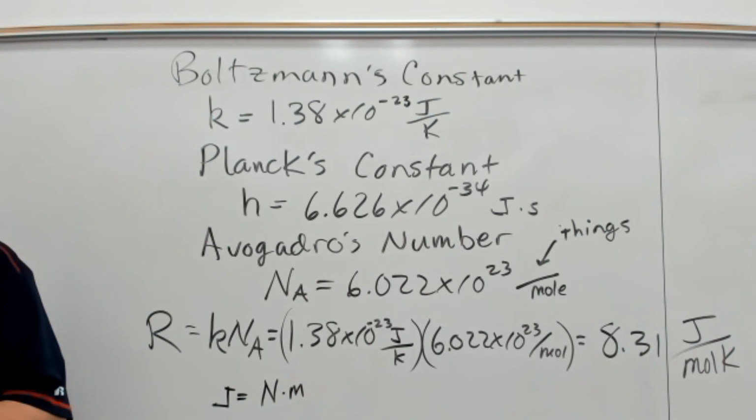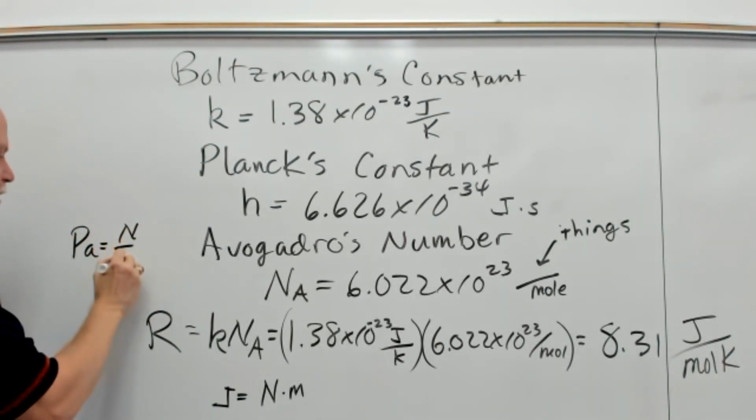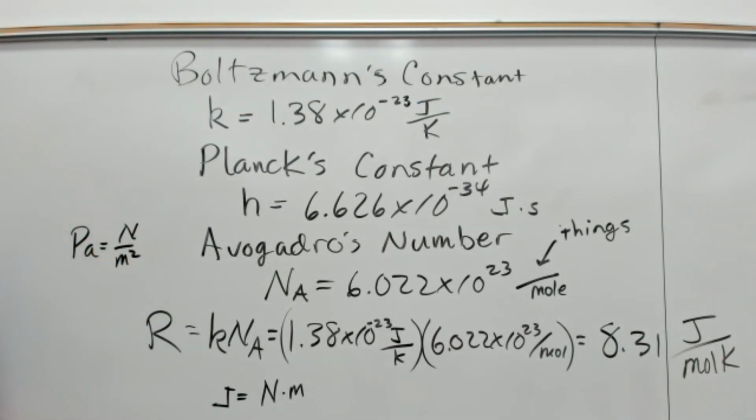Pressure is force over an area. So a pressure unit like a Pascal is a Newton per meter squared. So that's a Pascal. That's a pressure unit. Okay, can we figure out how a joule can be a Pascal?